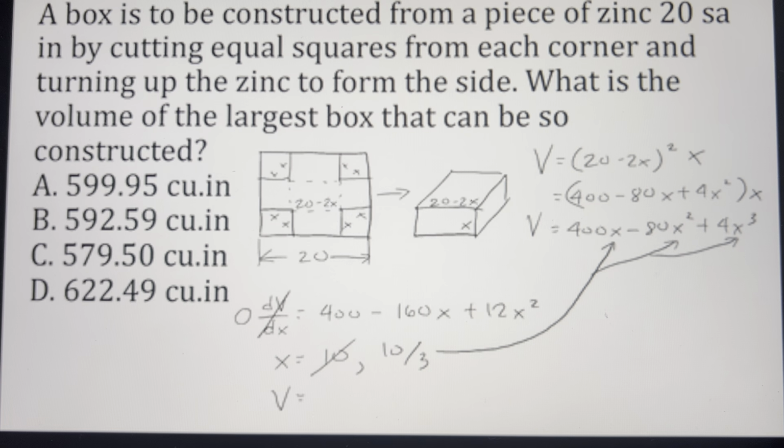So volume will be 400 times 10 over 3 minus 80 times (10 over 3) squared plus 4 times (10 over 3) cubed. What is our volume? That will be 592.59 cubic inches.